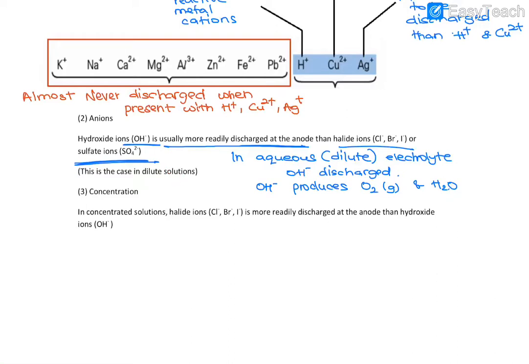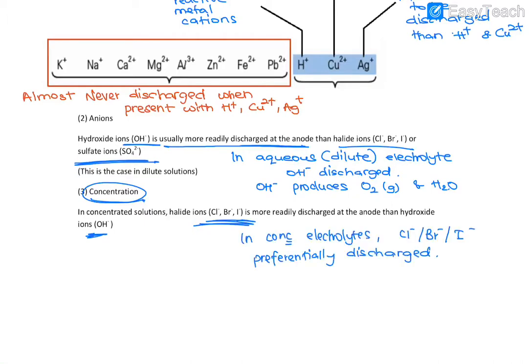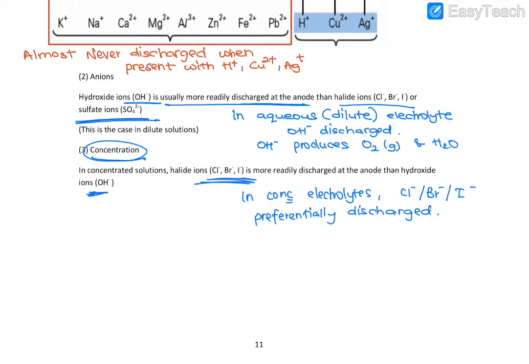However, if we are talking about a concentrated solution and you have OH- together with halide ions, then it's the halide ions that are preferentially discharged. But SO4 2- and NO3- are not going to be discharged.